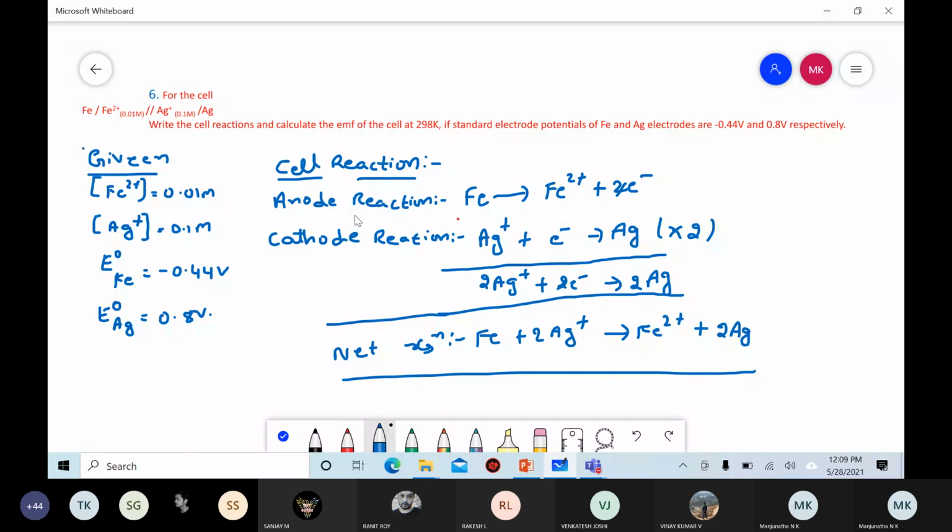Write down the given data and the cell reaction, then I will tell how to calculate the E cell value. After writing, you inform me.